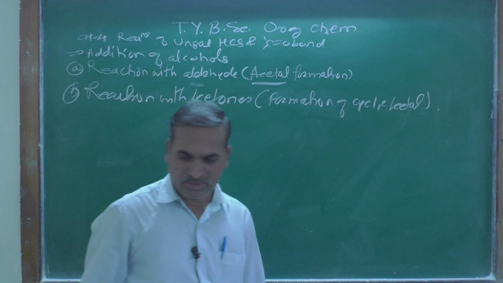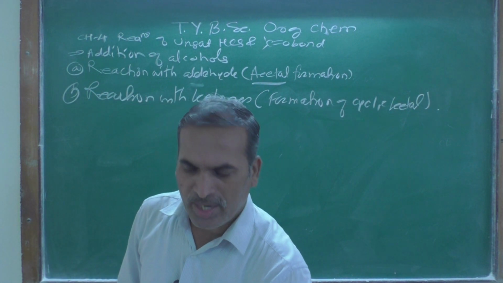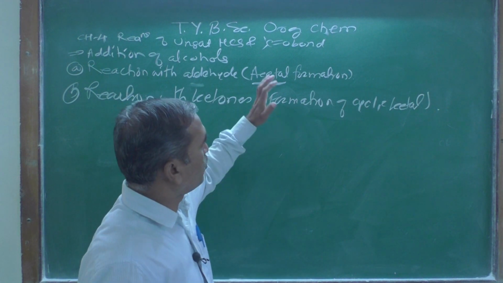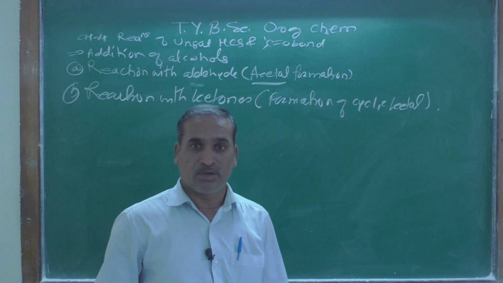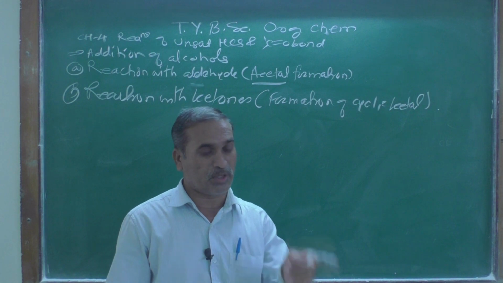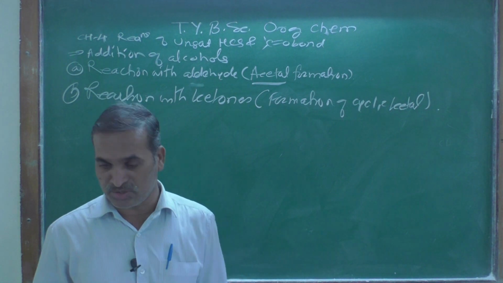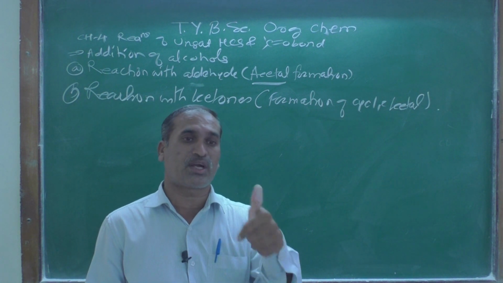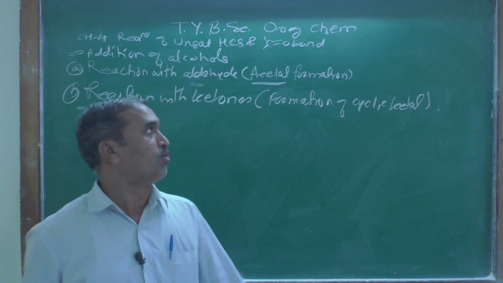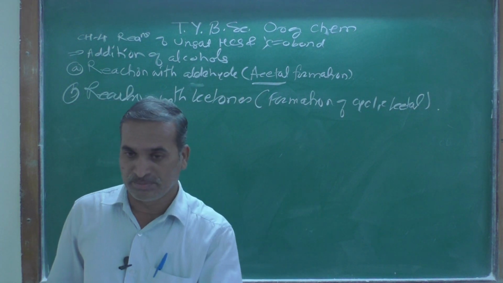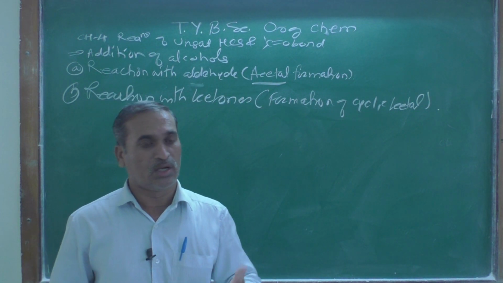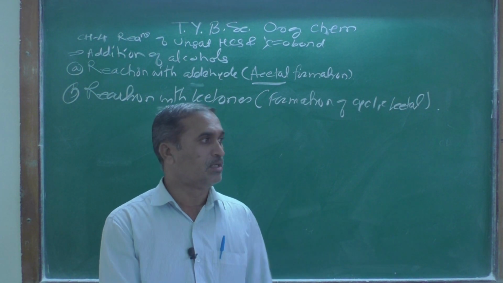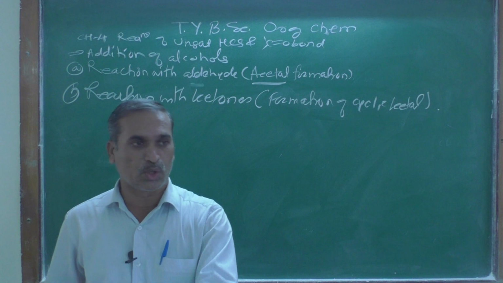Now, why is the cyclic product formed here? What is the reason behind it? Why not just the ketone reacting simply? The reason is that the ketone is less reactive than the aldehyde, and therefore ethanol or methanol cannot react with the ketone easily.